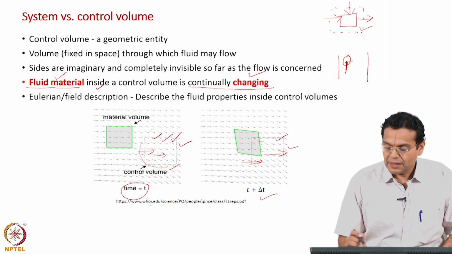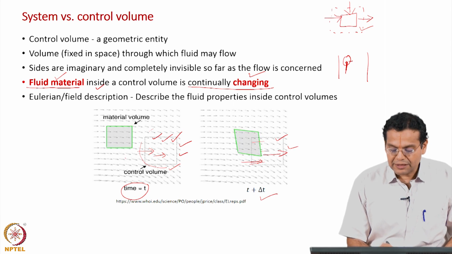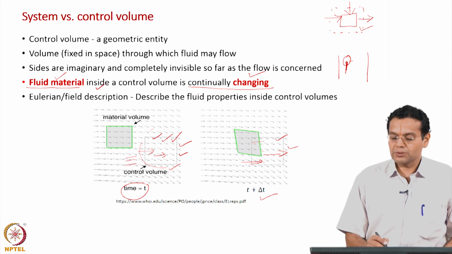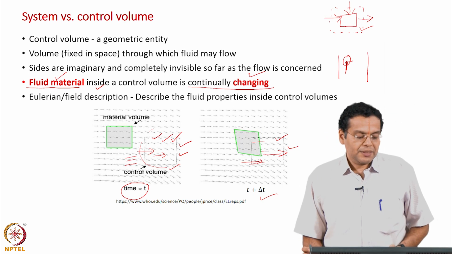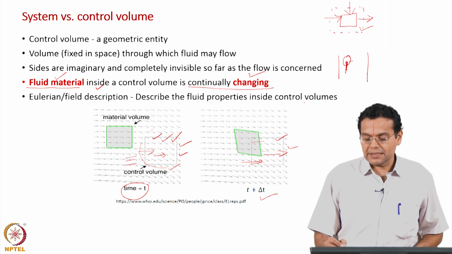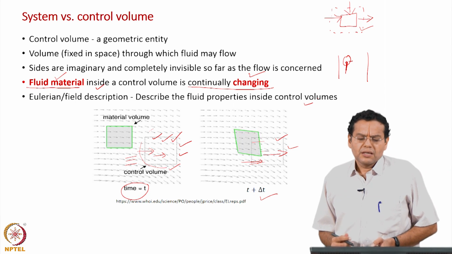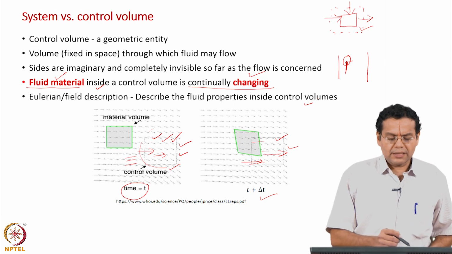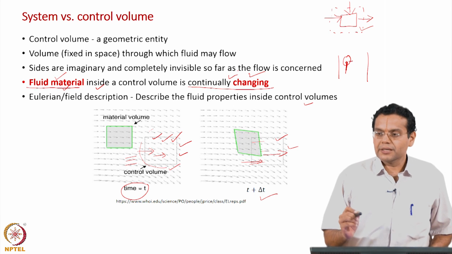Similarly, here also, instead of a point, we have a region, and different fluid particles pass through that region. Of course, it is along the Eulerian or field description to describe the fluid particles inside the control volumes. So, to summarize this slide, the key point is fluid material inside the control volume keeps changing.